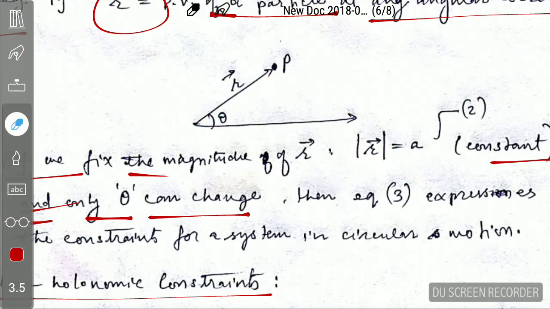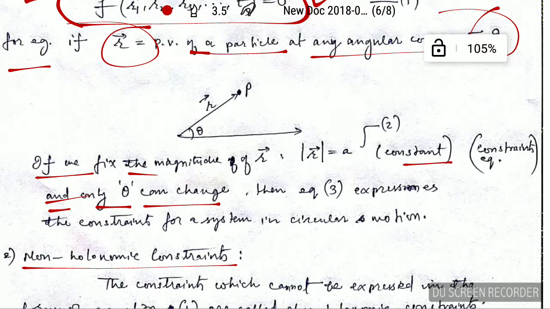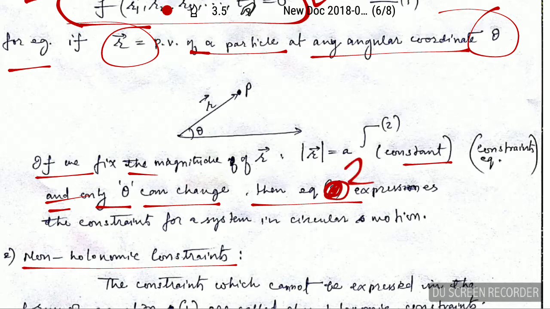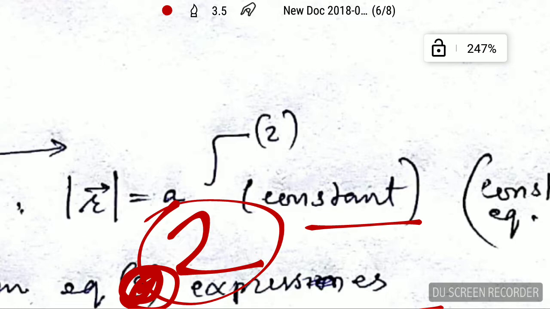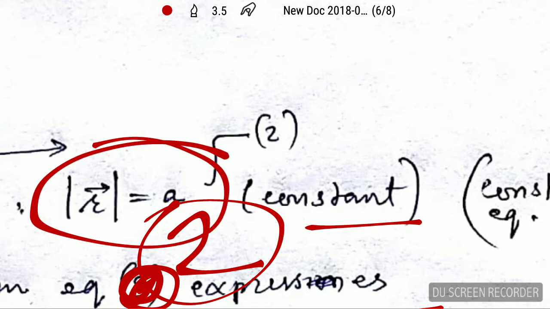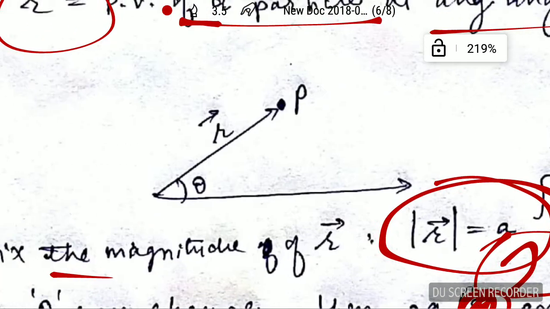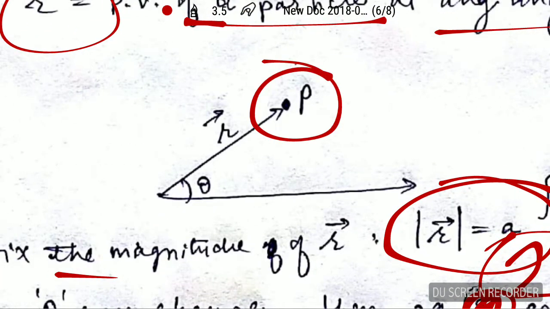Then you can easily understand that equation 2 expresses the constraint for a system in a circular way. That means in that condition this equation will represent the constraint for the motion of this particle p, and due to this constraint the motion of the particle p will be circular motion.